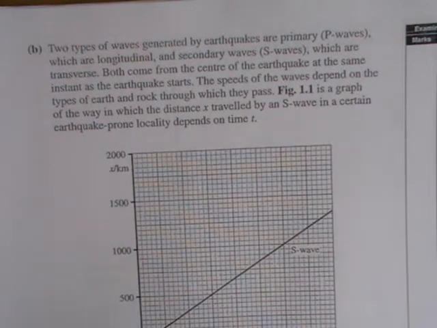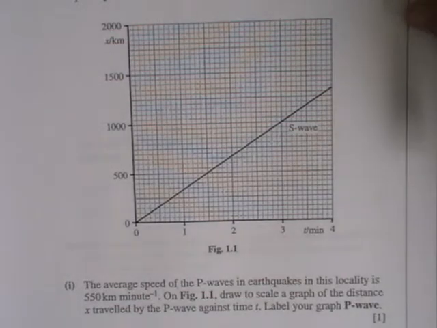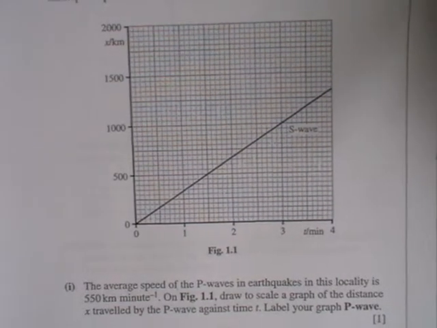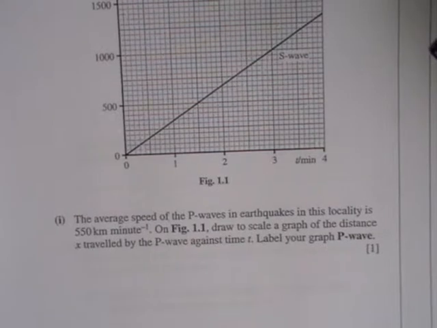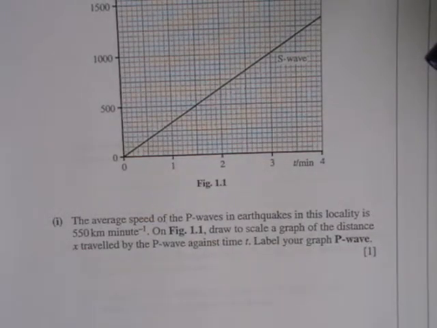The average speed of the P waves in the earthquake in this locality is 550 kilometres per minute. On figure 1.1, draw to scale a graph of the distance x travelled by the P wave against time. Label your graph P wave.